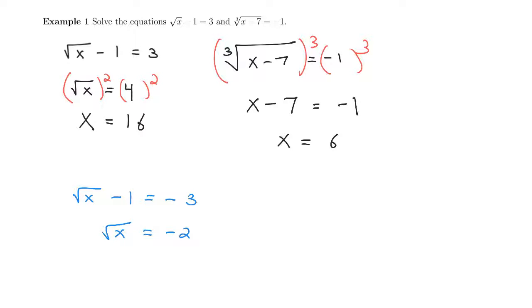But if you use our strategy of squaring both sides, you still get x on the left, and you get 4 on the right. And this is where you have to be careful. It's a really simple strategy for solving root equations, but it potentially might give you something that's not a solution.